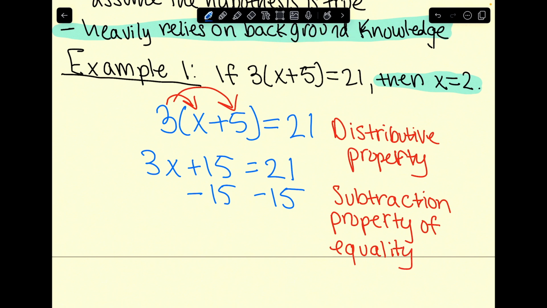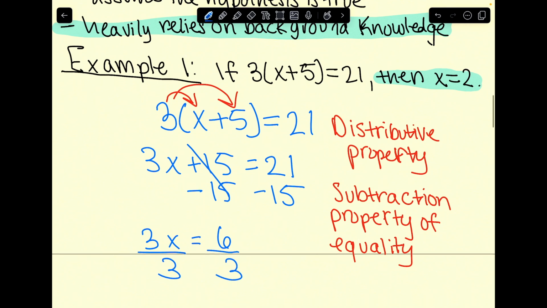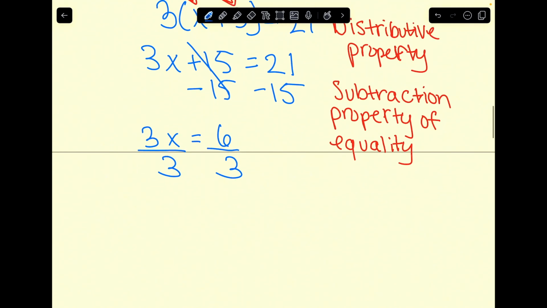And then from there, this cancels out, and we're left with 3x on the left side and 6 on the right. And then we divide by 3 to isolate x. And this property is what we know as the division property of equality.